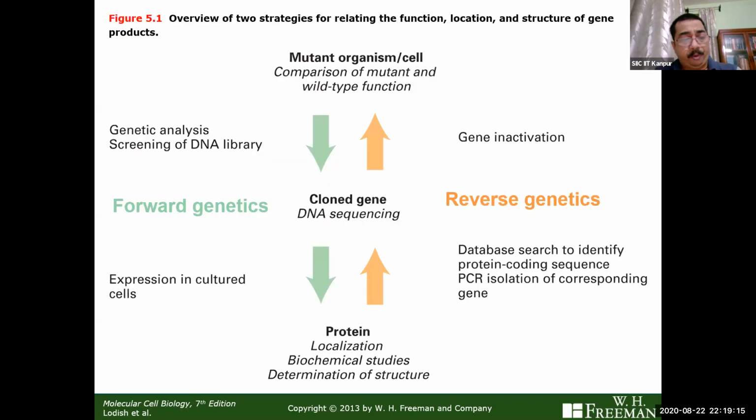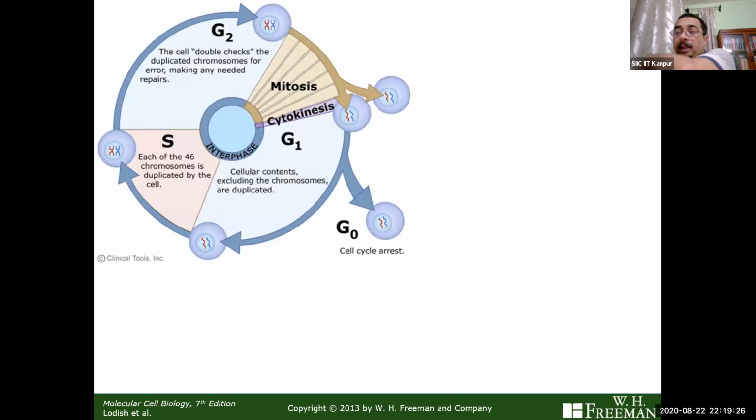Now, before I move to talking about hardcore genetics, let us quickly go through the cell cycle, because I want to refer to meiosis. Before I talk about meiosis, let us quickly go through mitosis. When DNA is supposed to be duplicated, the cell prepares itself for the duplication process, and you call it the G1 phase, gap 1 phase, and then the actual synthesis happens, which is the S phase.